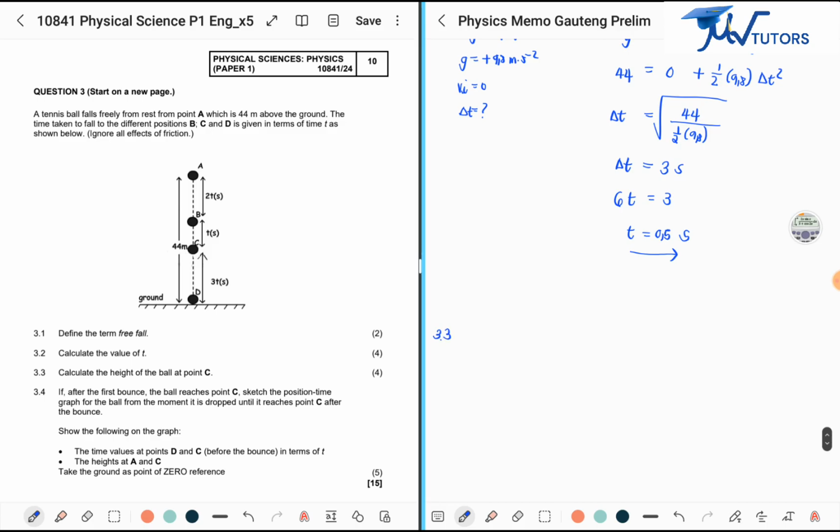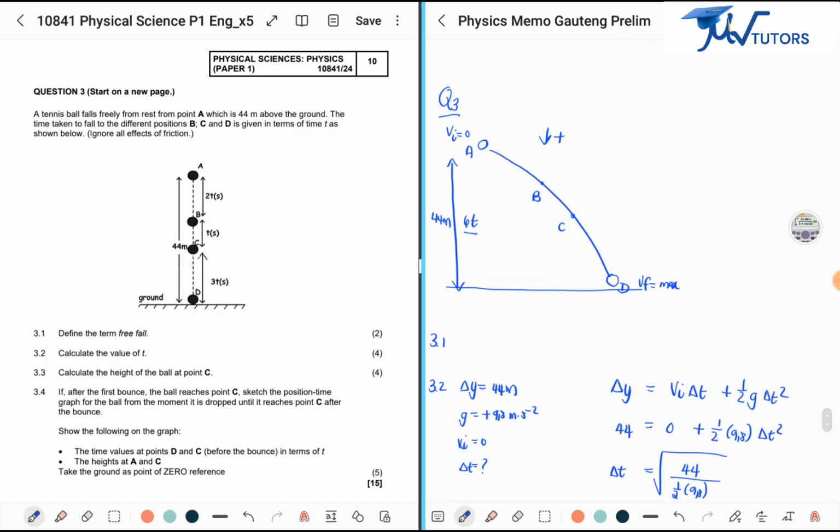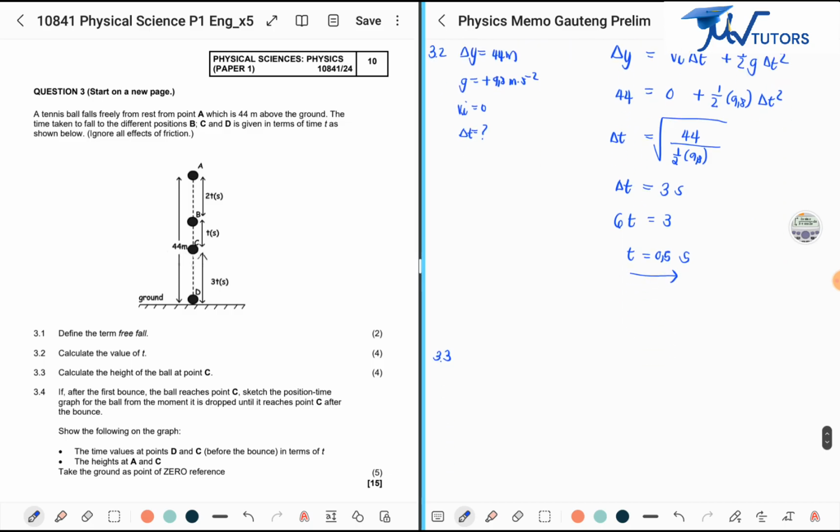Alright, and 3.3 says calculate the height of the ball at point C. So the entire duration took 6t, or 3 seconds, but now the height at point C. So until we get to C, we have 2t plus t, so we have 3t, which is basically 3 times 0.5, which is 1.5 seconds until we get to C. So let's write there that we're looking for delta y, right?